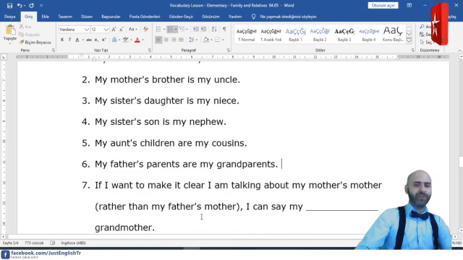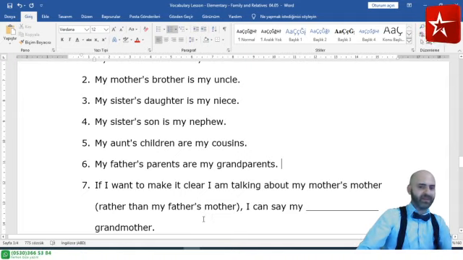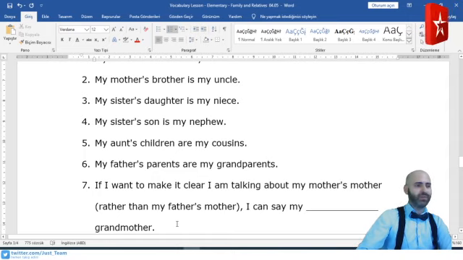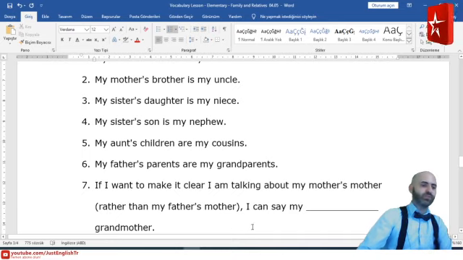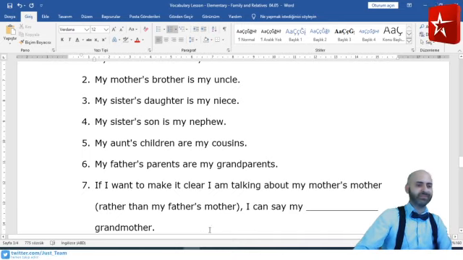If I want to make it clear, I'm talking about my mother's mother, not my father's mother, then I say my blah blah blah grandmother. I did not teach you this one, but maybe you know. So if I'm talking about grandmother, but I'm talking only about my mother's mother, not my father's mother, which word can I use here?